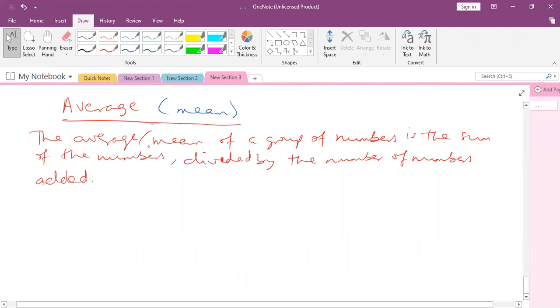Now let's take an example. What will be the average of 5, 9, and 10?